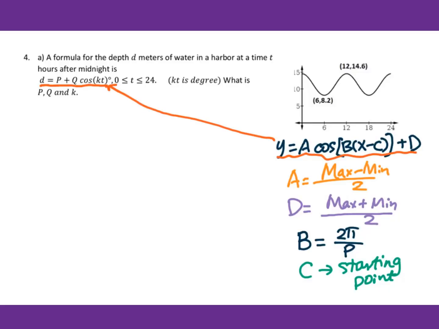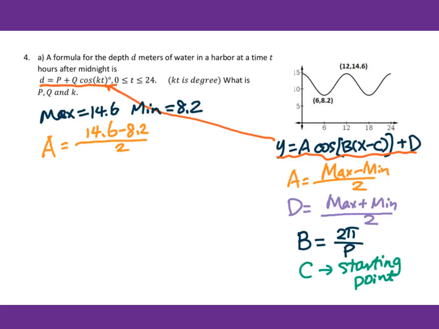From the graph, we know maximum equals 14.6. Minimum equals 8.2. Therefore, amplitude A equals 14.6 minus 8.2 over 2.